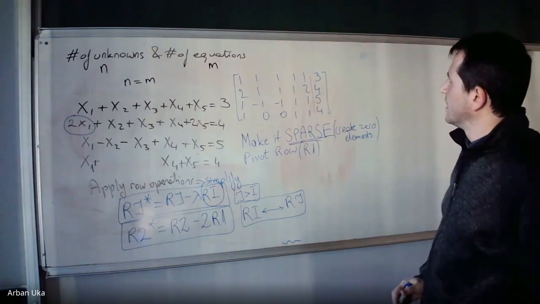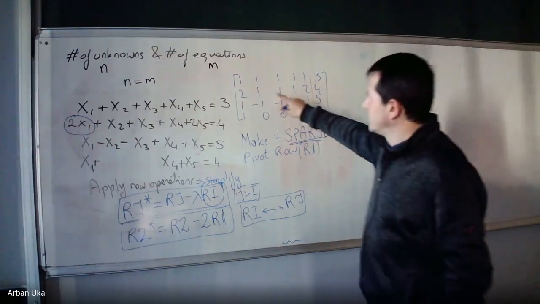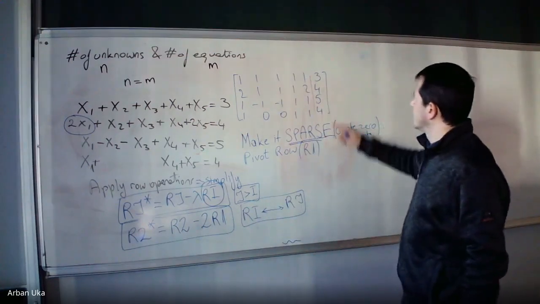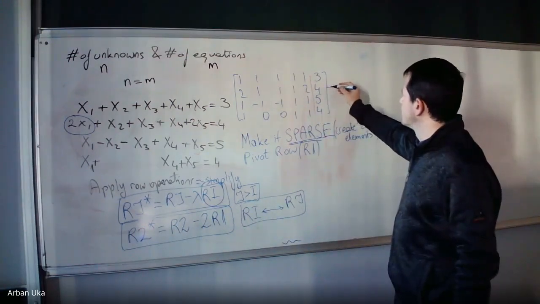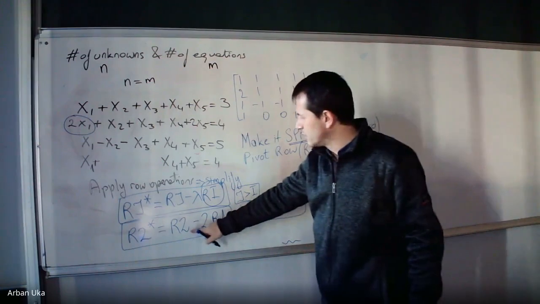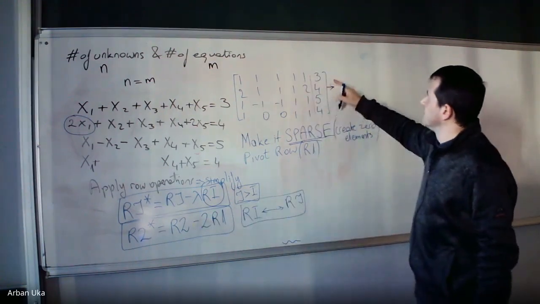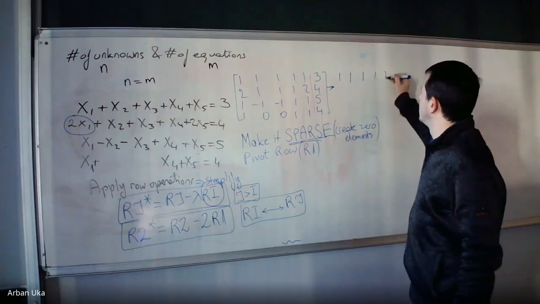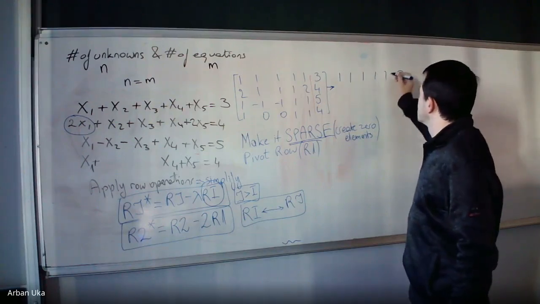Then, whenever we apply such an operation, we would get the following expression. Let's assume that we apply row 2 minus 2 row 1. The first row does not change: 1, 1, 1, 1, 1, and the 3 remains here.